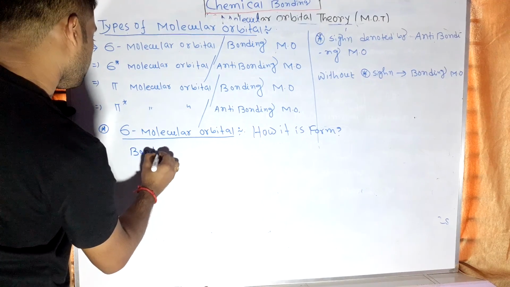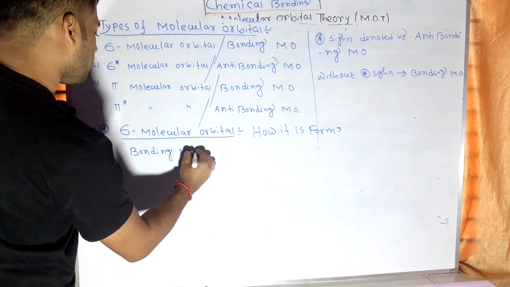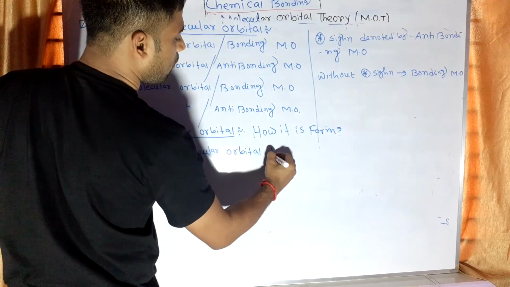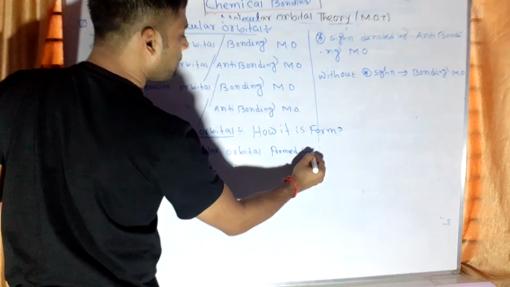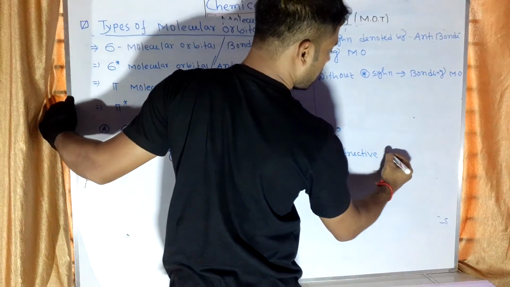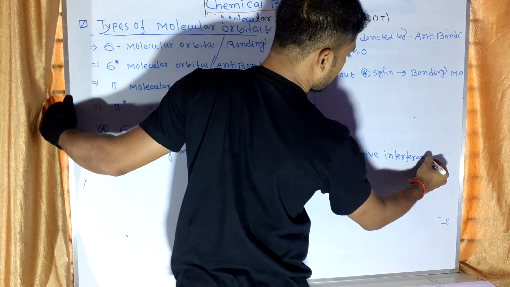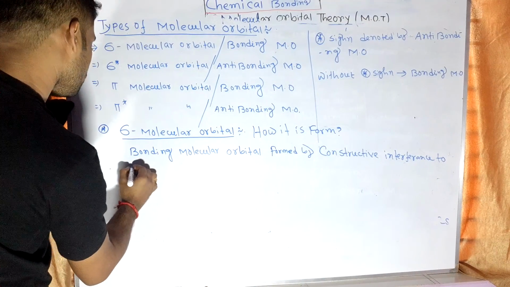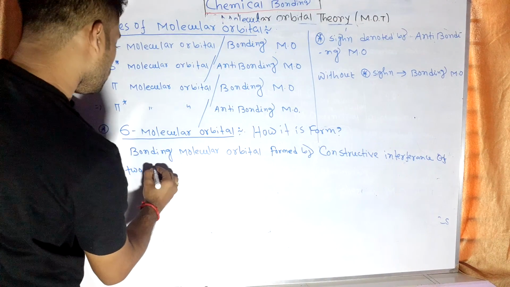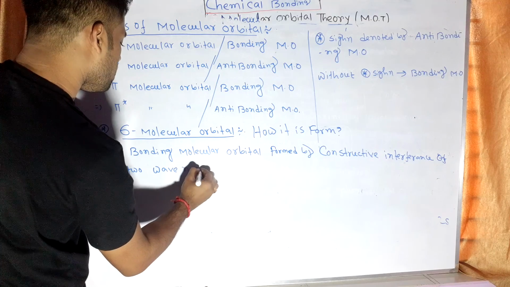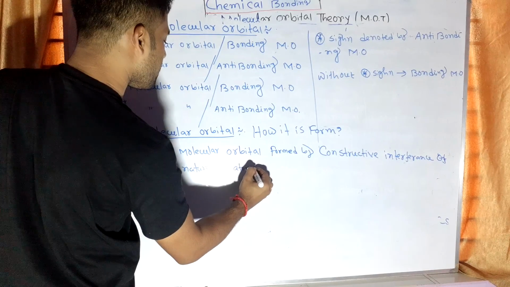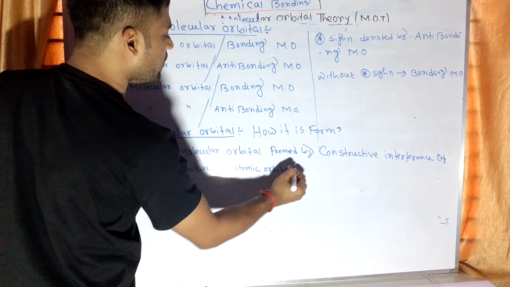Bonding molecular orbital is formed by constructive interference of the two wave natures of atomic orbitals. Atomic orbitals are considered as having wave nature.